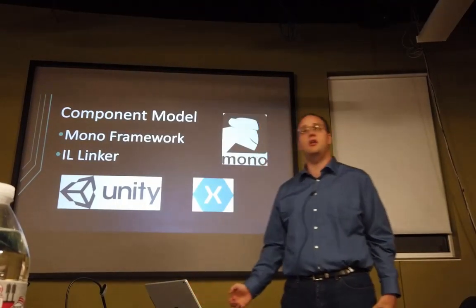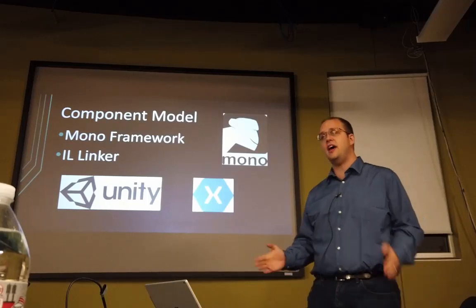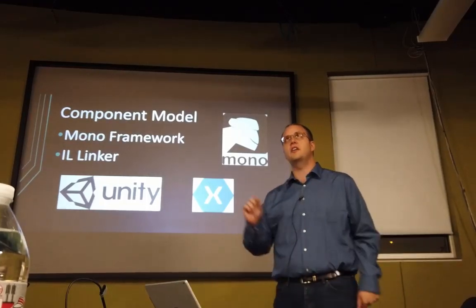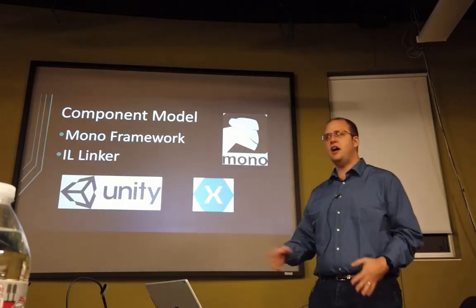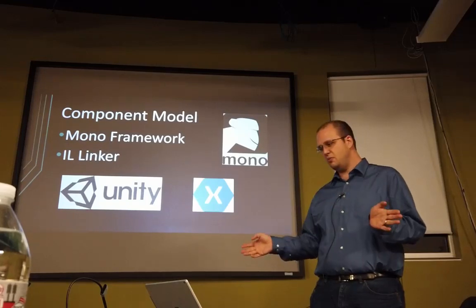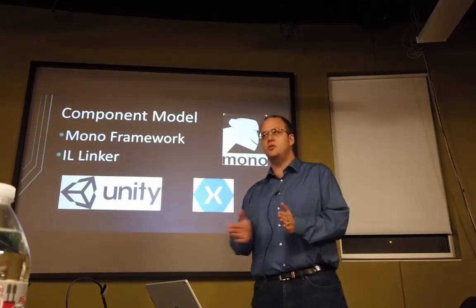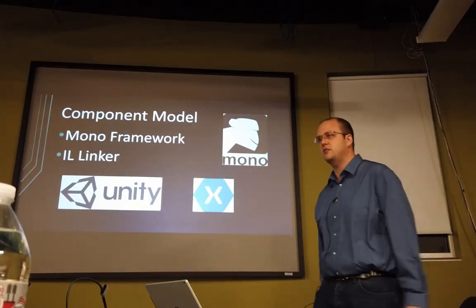Unity, Xamarin, all those kinds of applications. It has an intermediate language linker that you can target something like system.web or something and only use a very small portion of it, and the IL linker will reduce the size of that DLL to only the parts of it that you're actually using.